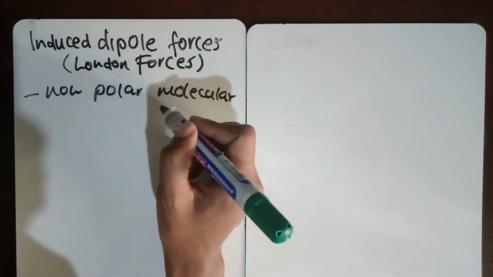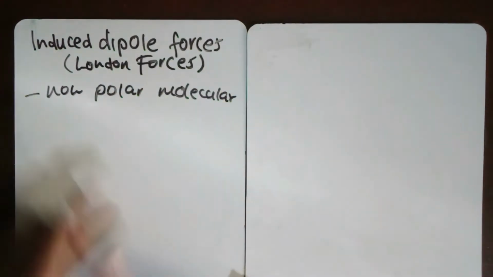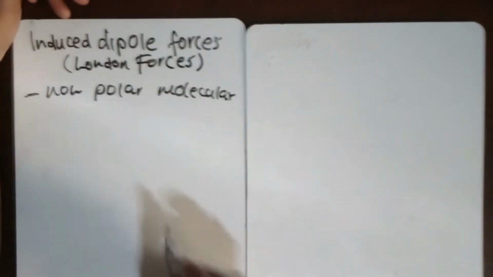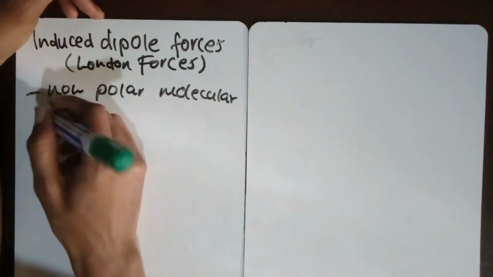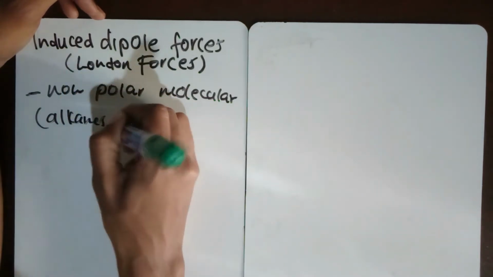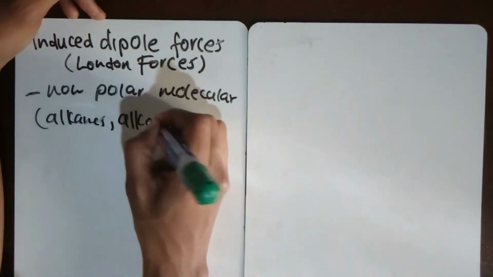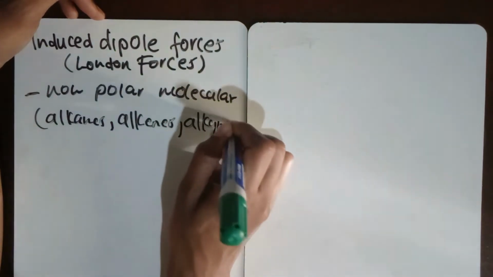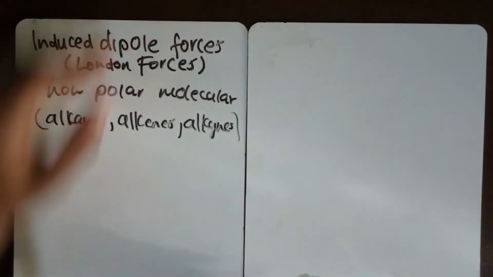Because we've already spoken a lot about organic molecules, when we refer to non-polar molecules, we are simply referring to alkanes, alkenes, as well as alkynes. So those are your non-polar molecules.